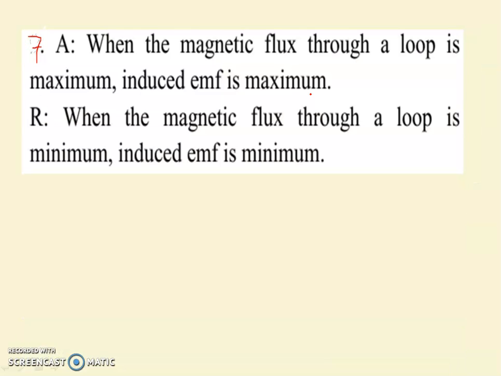Now question number 7. Assertion: When the magnetic flux through a loop is maximum, the induced EMF is maximum. Reasoning: When the magnetic flux through the loop is minimum, the induced EMF is minimum. See, induced EMF depends on the time rate of change of magnetic flux.